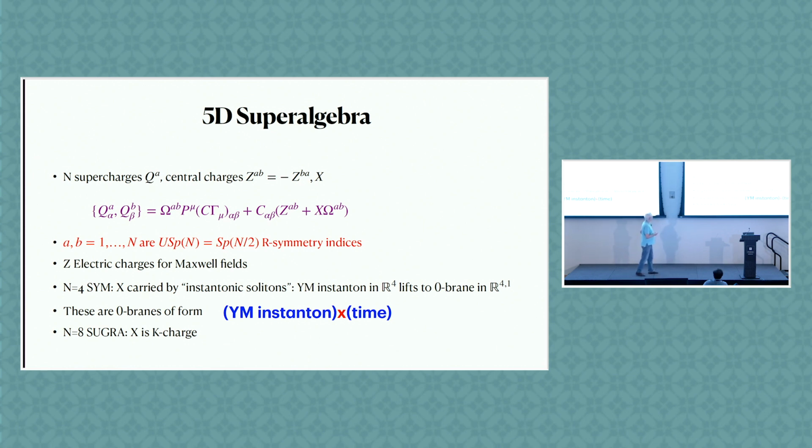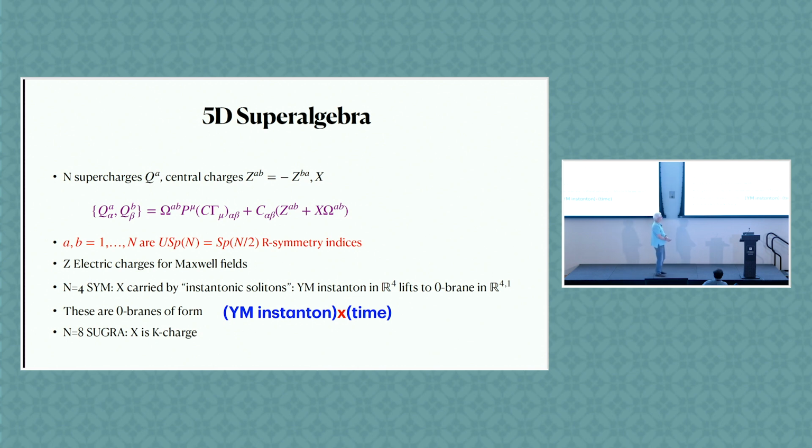For n equals 4 super Yang-Mills, this charge X is carried by certain solitons in the theory, which are given by taking a Yang-Mills instanton in R4, a self-dual Yang-Mills configuration, and then lifting this to 4+1 dimensions so that the point-like center in 4 dimensions becomes a time-like line in 4+1 dimensions.